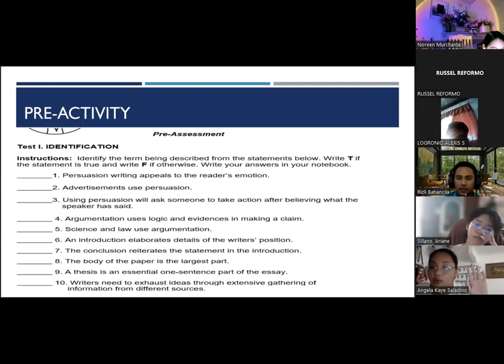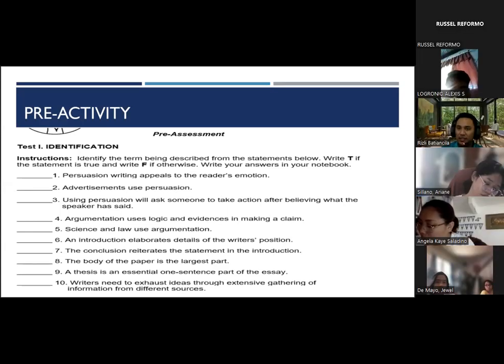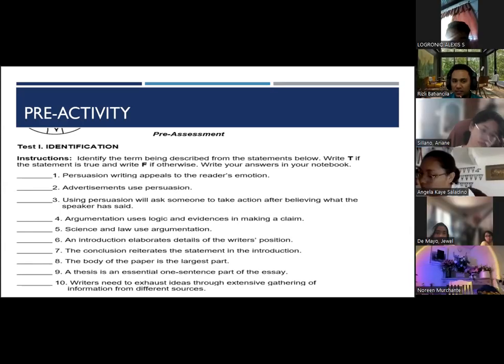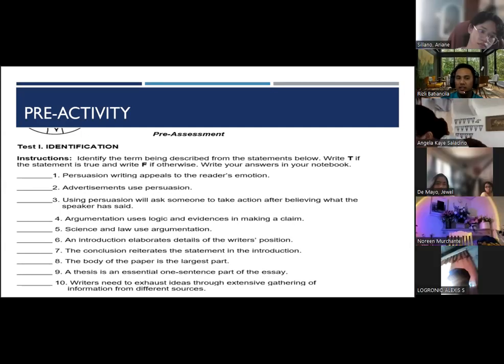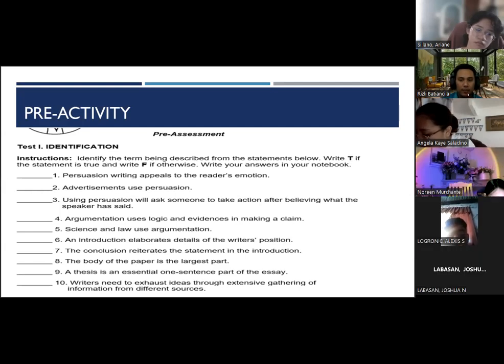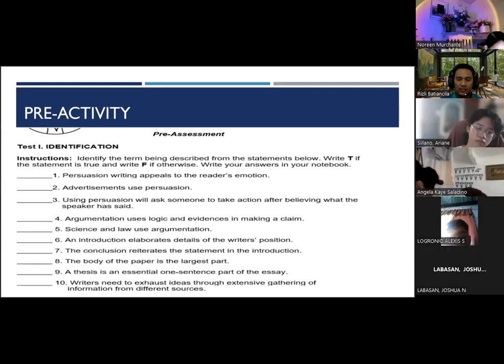Yes, Reformo? True. Okay, true, of course. So argumentation uses logic and evidence. If science and law use argumentation, then science and law use logic and evidences as well. So that is true.